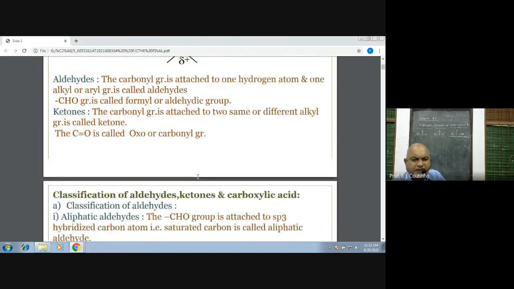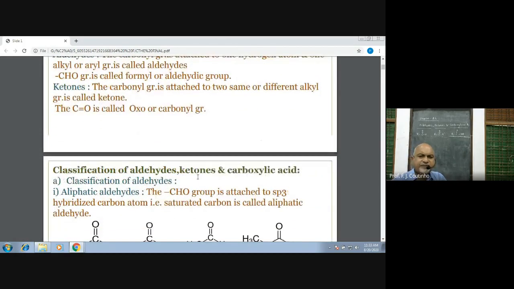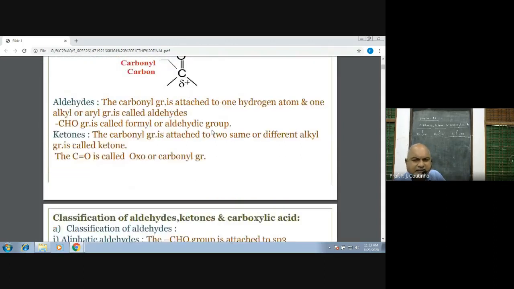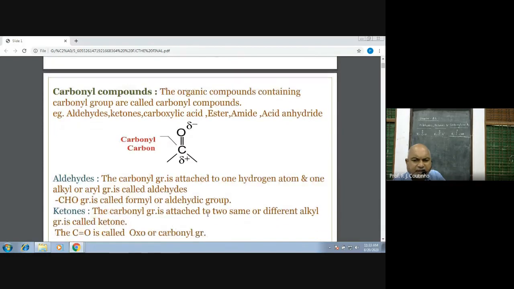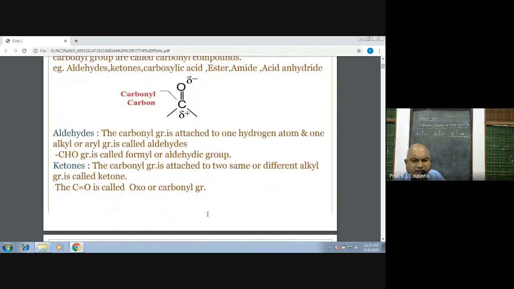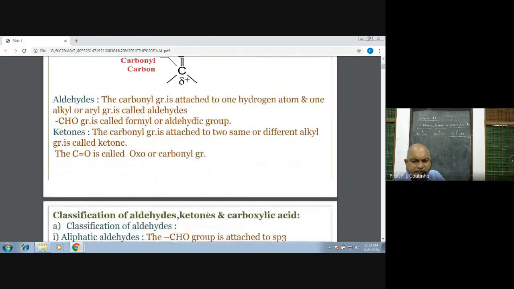So this will be a ketonic group. Depending upon the alkyl group or aryl group, they are called ketones. So they are known as the ketonic group.